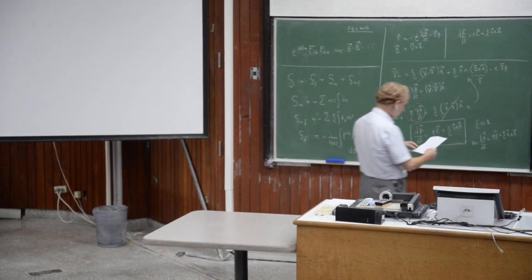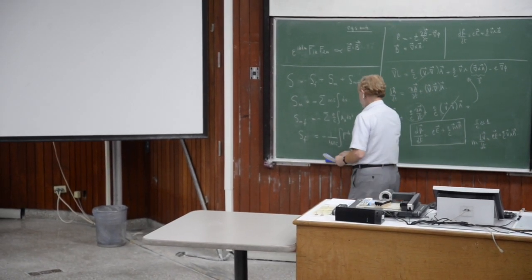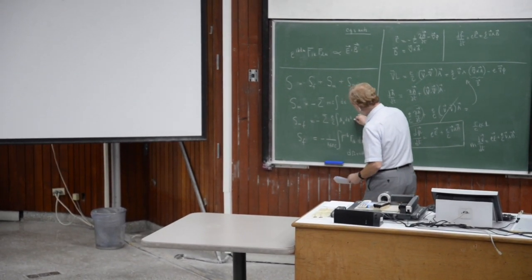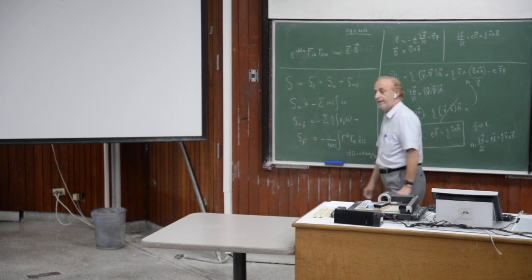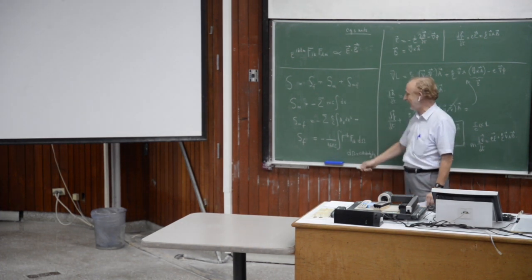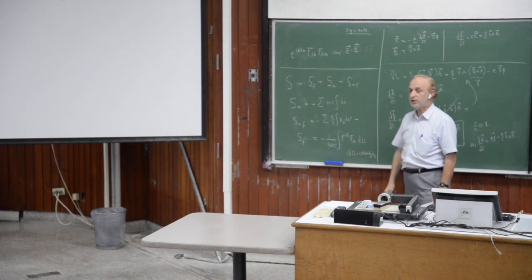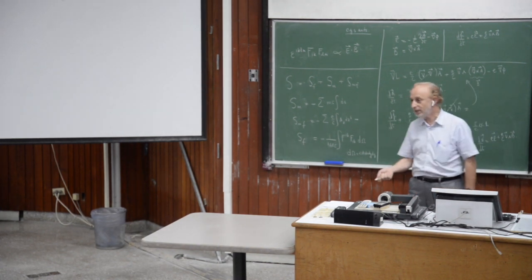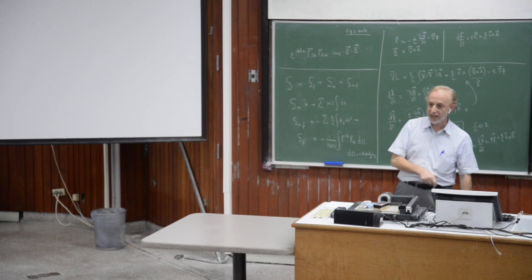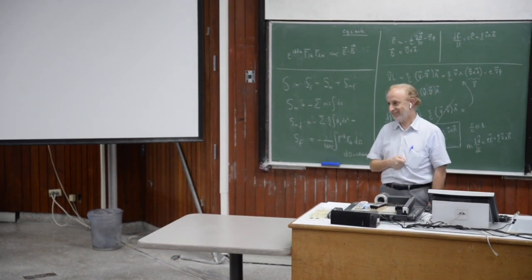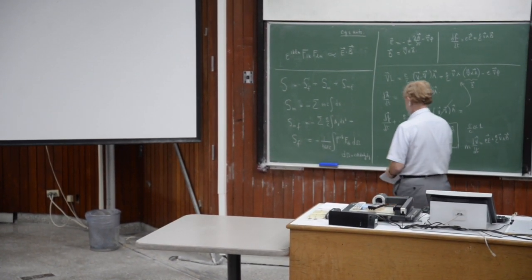Okay? Now I would like to write this not in terms of dxk and e, but in terms of rho and v, but ultimately as a function of J and d3x. Okay? Let's do that.